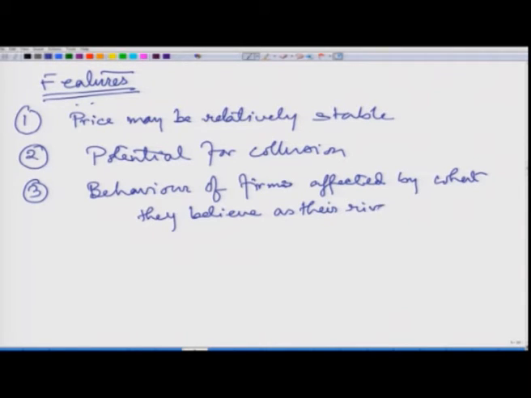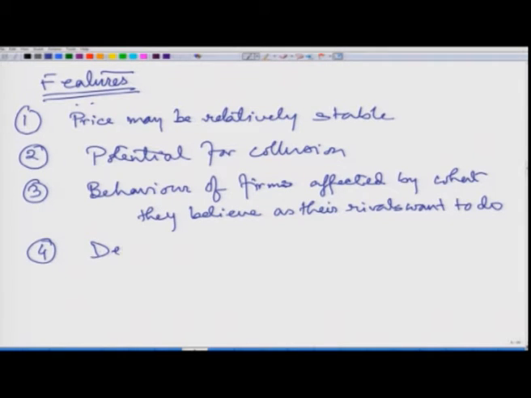That means they try to presume that the rival's next strategy will be like this, even if they may have a collusion, right? So they will always try to get themselves ready parallelly, based on what they believe their rival or rivals want to do, or the rival's next strategy.